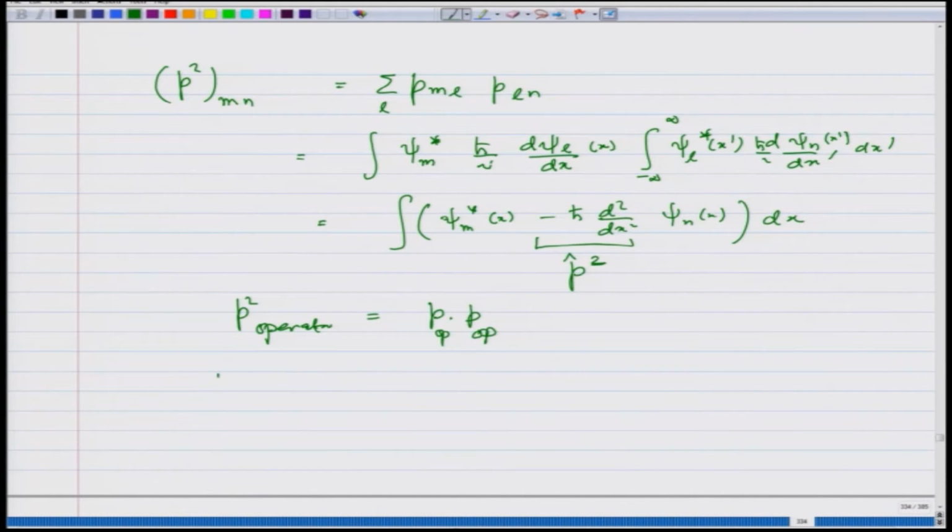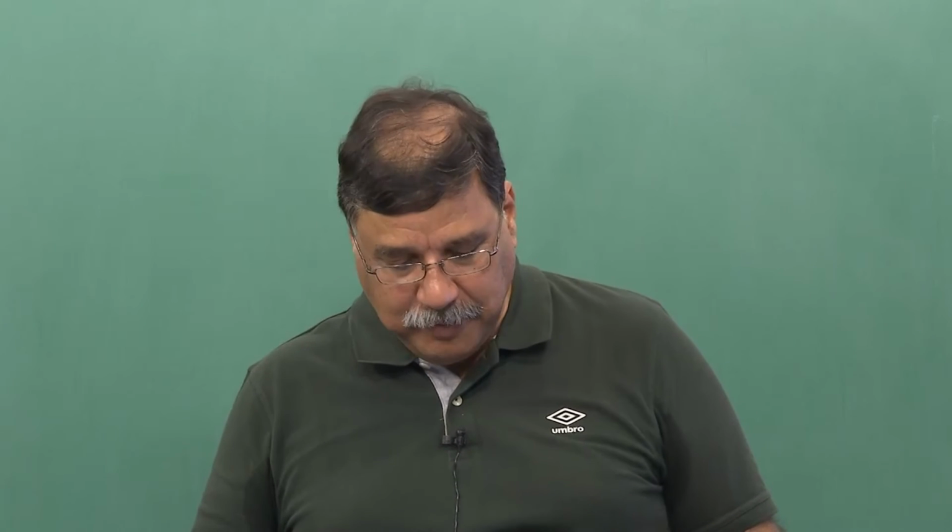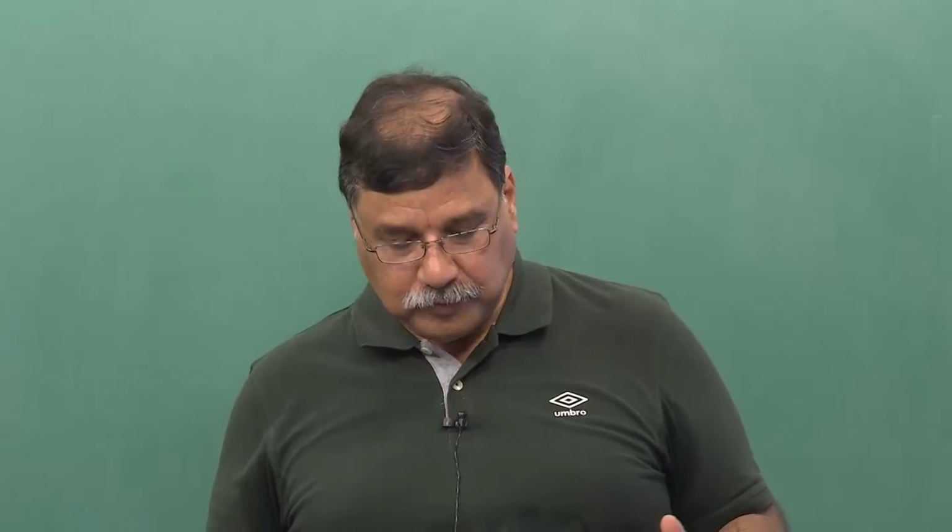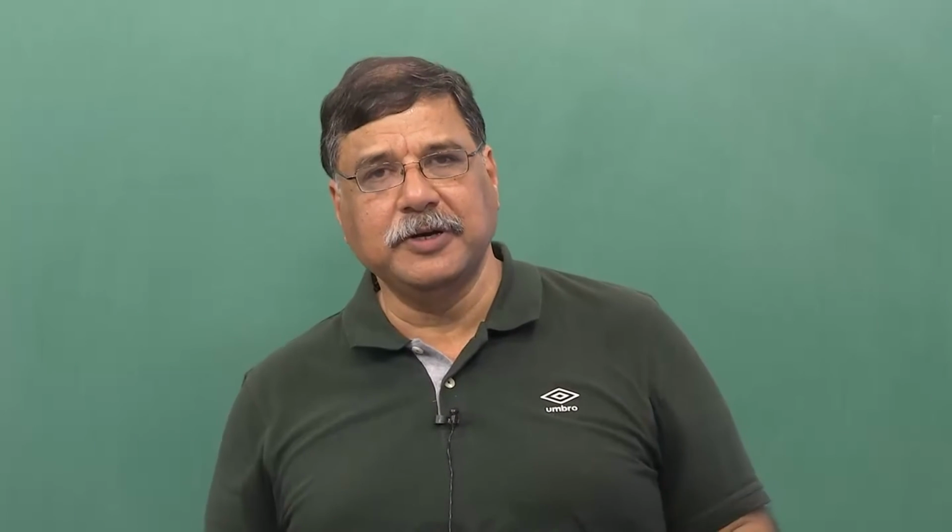So, if I want to calculate p square, I do not really have to go through the matrix route. I can straight away write this as integration psi m star x, p square operator, which is minus h cross square d2 by dx square, psi n x dx. So, you see how things become very easy. I do not really have to do matrix multiplication all the time. I can make operators for anything.